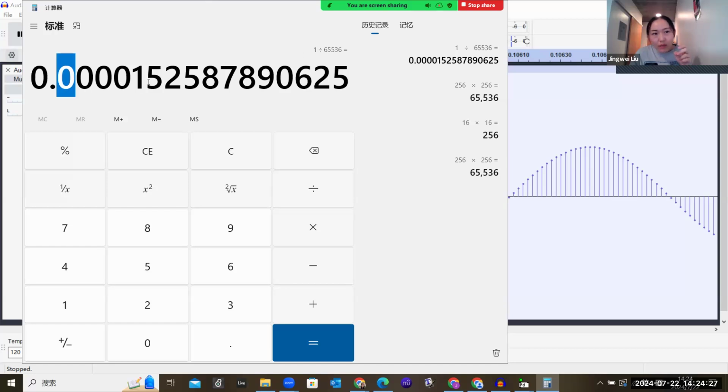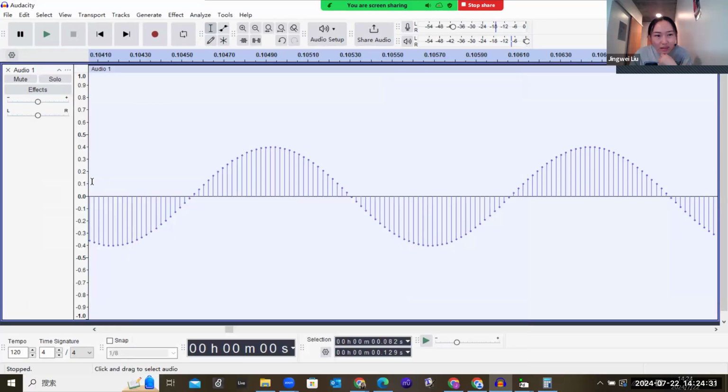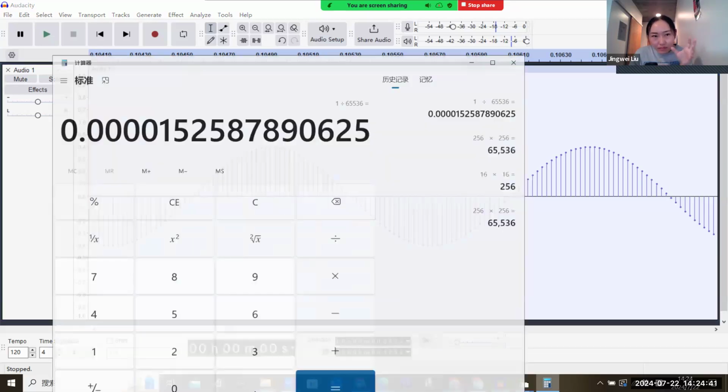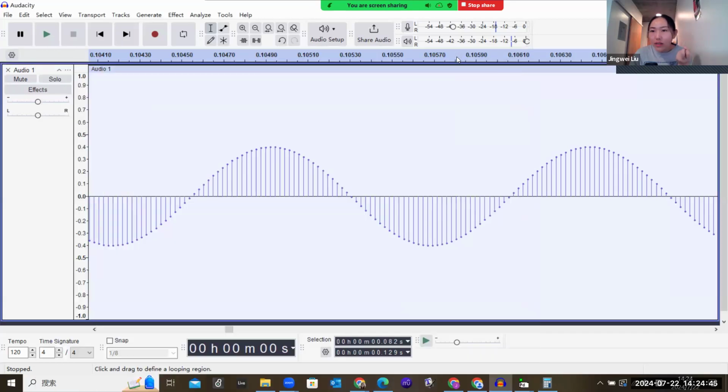For this number, you cannot visualize it here, right? What you can really see here, the largest change would be like 0.1. This is a very fine kind of quantization, and our visualization is limited unless we can zoom in.